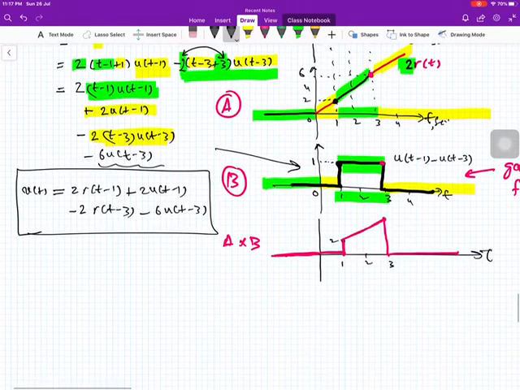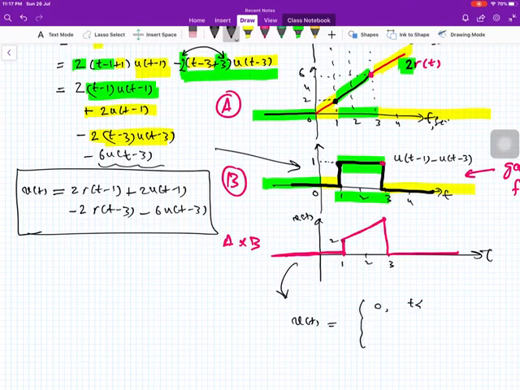You may practice it by yourself in order to understand it fully. It's not difficult, it's easy. The last thing over here, this voltage can be defined as 0 for t less than 1, 2t for t greater than 1 and less than 3, and 0 again for t greater than 3.